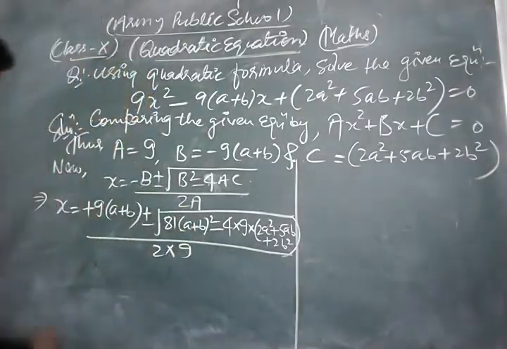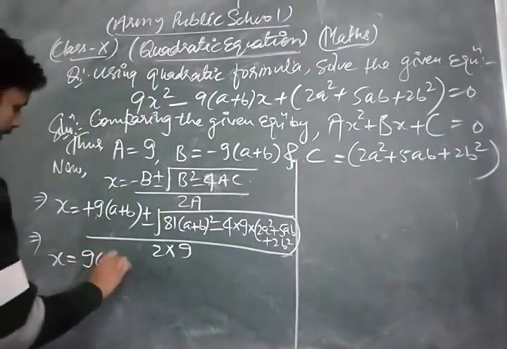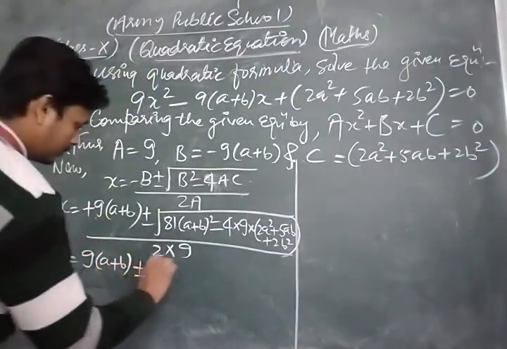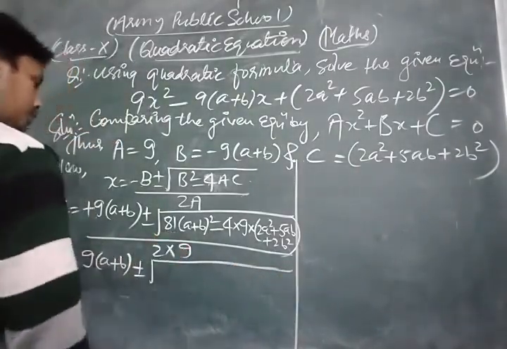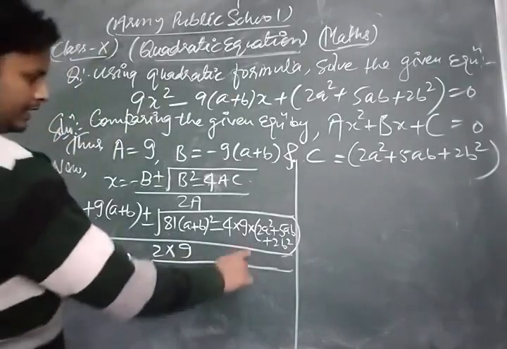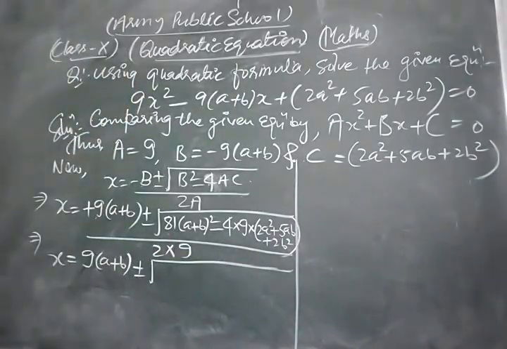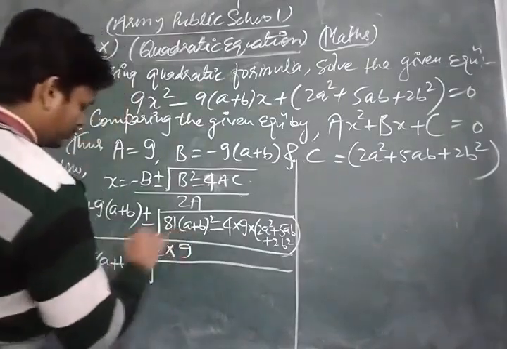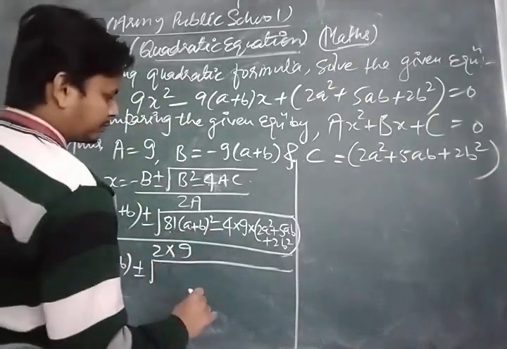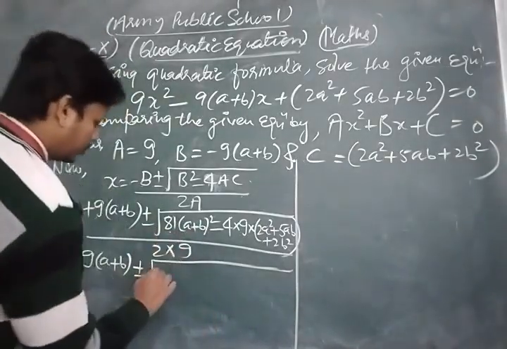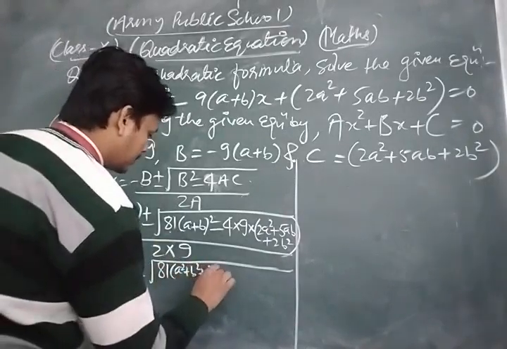Now we simplify it. x is equal to 9 in bracket a plus b plus minus square root of 81 into a plus b whole square. We just simplify them. a plus b whole square is a square plus b square plus 2ab.